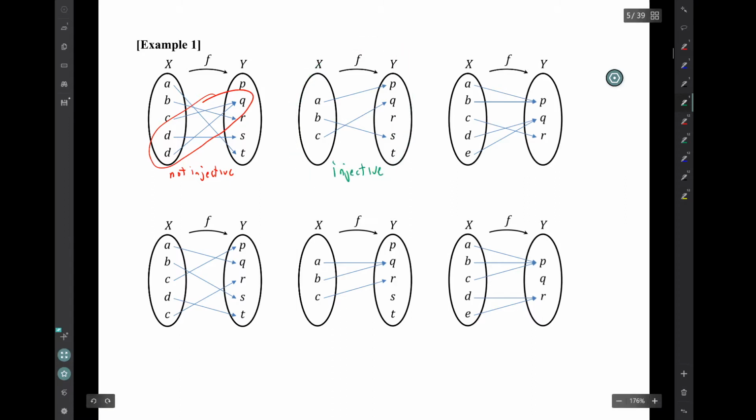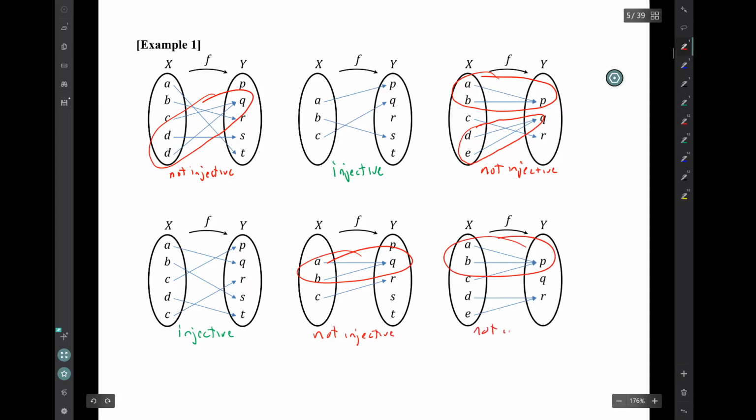Look at this third one. Inputs A and B both cause an output of P. Inputs D and E both cause an output of Q. So this is not injective. This example is injective. This example is not injective. This example is not injective.